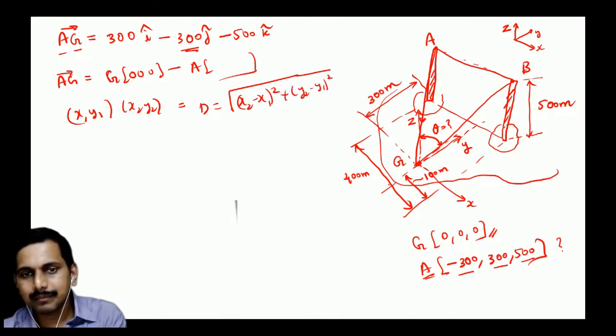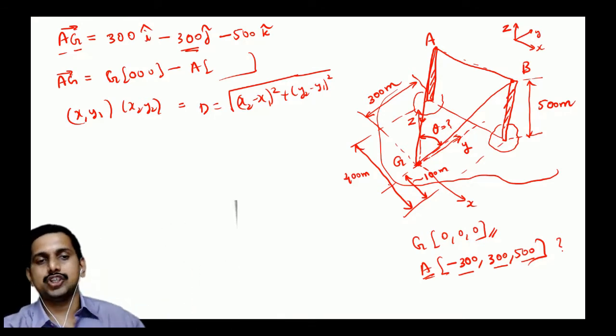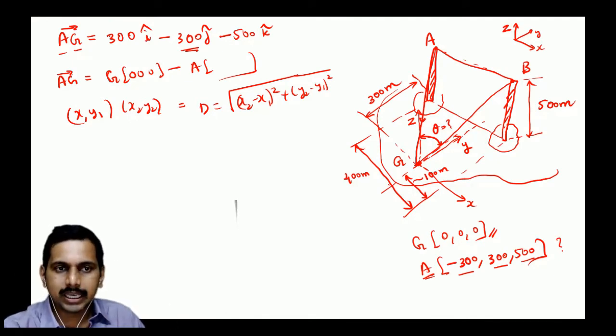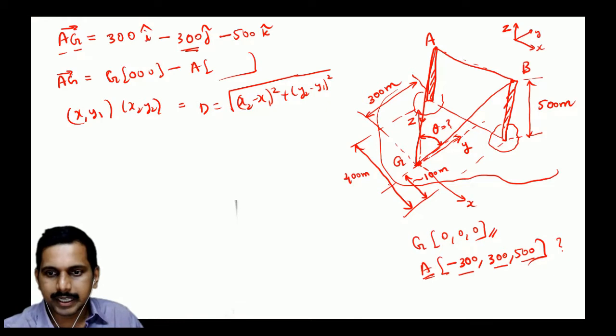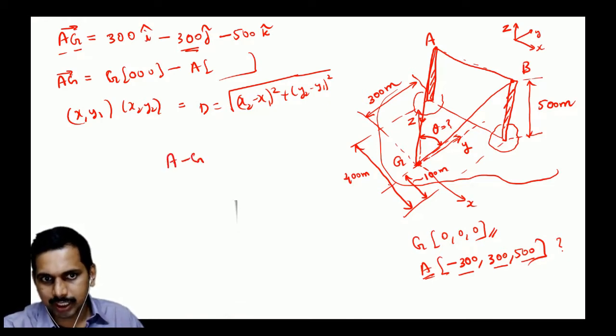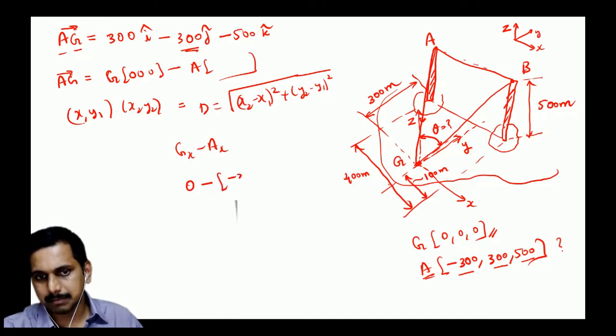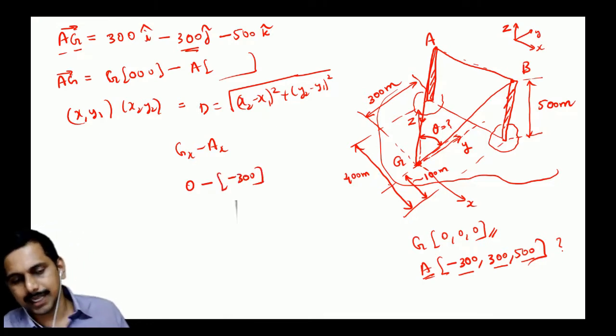Final minus initial. If it is AG, it is GX minus AX, correct? What is GX? 0 minus. What is AX? Minus 300, correct?